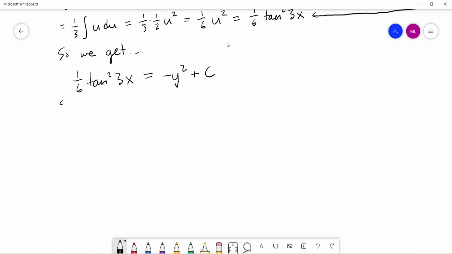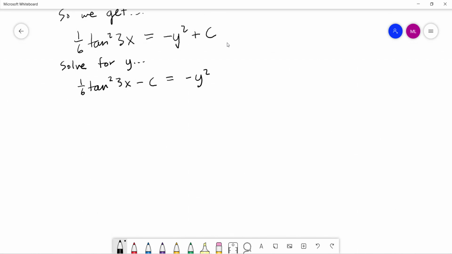So if we solve for y, which is doable, I'll get 1/6 tangent squared of 3x minus that same constant c is equal to negative y squared. Get rid of the negative sign, and I'll wind up with c minus 1/6 tangent squared of 3x, so flip the signs of both of these terms, is equal to y squared.